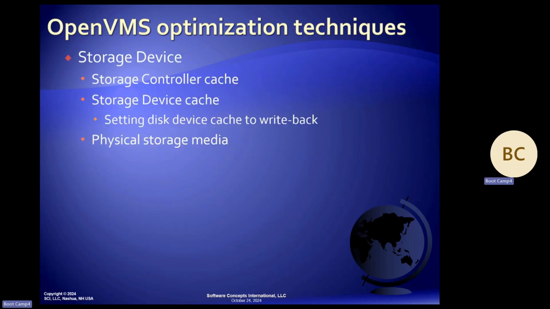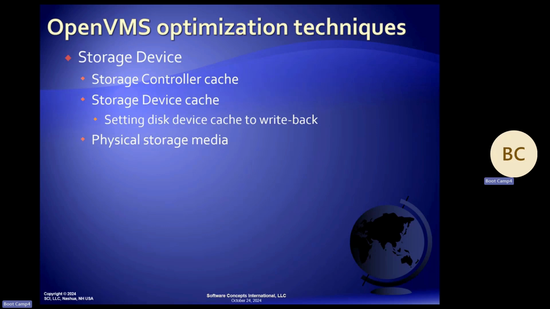All right, within the storage device, one of the things we'll look at is that you can set the disk device cache to write back if you want to. That would be only for data that you can easily recreate, because if you have a power failure between the time that you write it and the time it actually gets onto the disk, that data could be lost. So you need to have some way to recreate it.